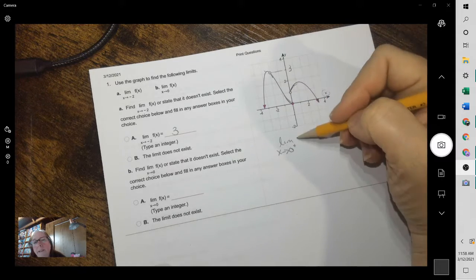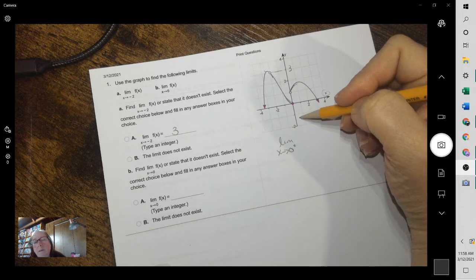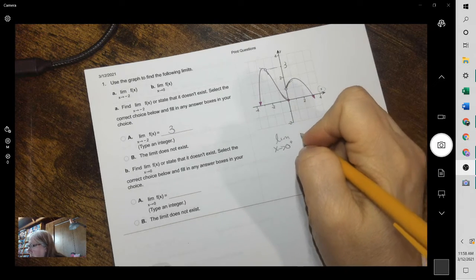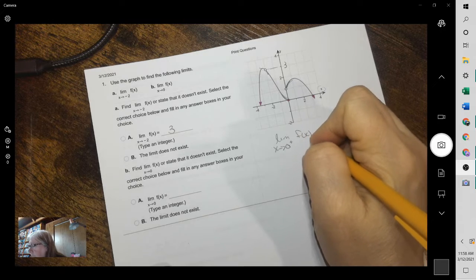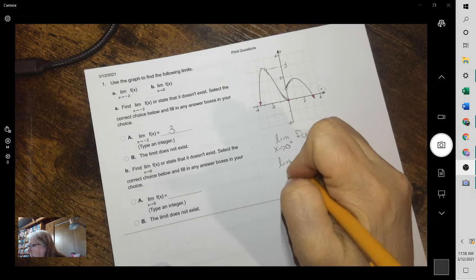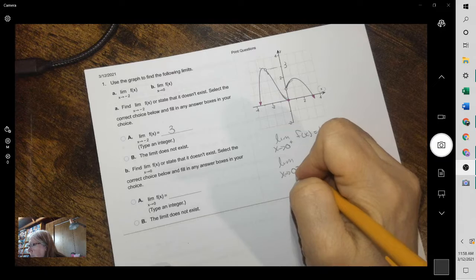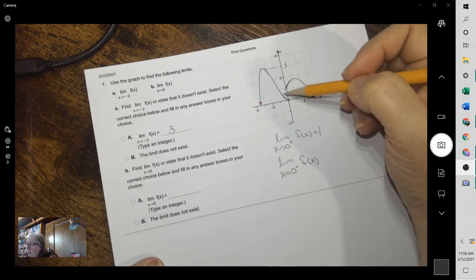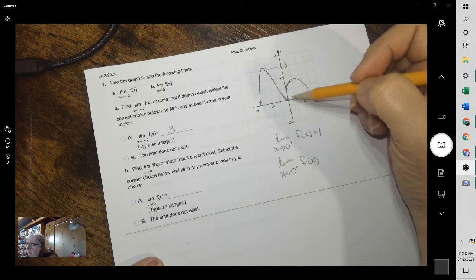Think of the right side of 0, or a little bit larger. It's coming in at 1. The limit as x approaches 0 from the left means on the left side, so we're over here, it's coming in at 0.